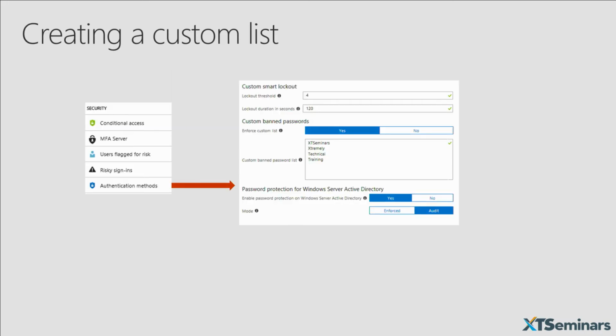So in terms of creating the custom list, we go into the UI, go to security, and down to authentication methods, and here we've got a number of things. The custom smart lockout. Smart lockout is used when we're using pass-through authentication, because remember, with pass-through authentication, we're gathering the username and password in the cloud and passing it down to an on-prem agent.